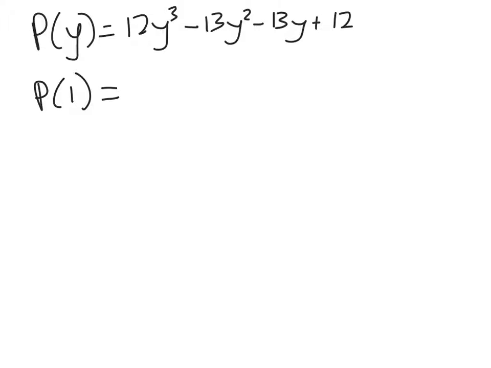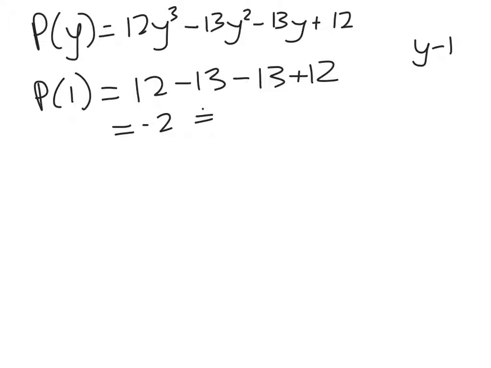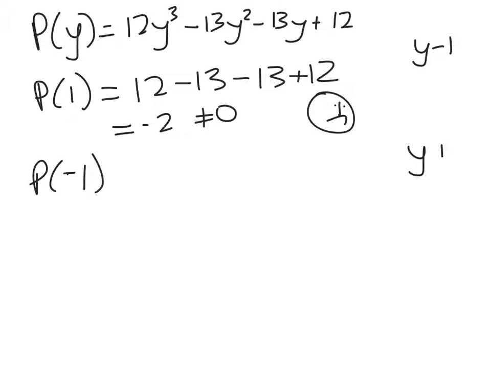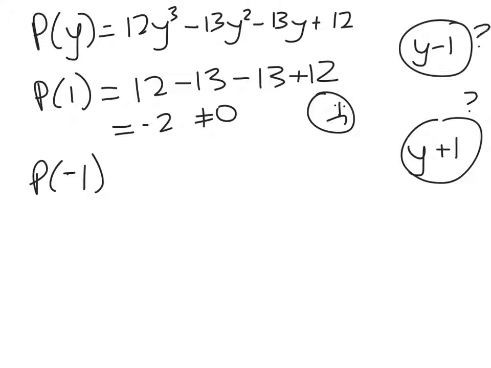So if we substitute in 1, which would mean y minus 1 was a factor, we'd have 12 minus 13 minus 13 plus 12, which is equal to negative 2, not equal to 0, so we have a sad face. But we're on the right track, so now we're going to try substituting in negative 1. In other words, we're seeing if y plus 1 is a factor. So y minus 1 is not a factor, but maybe y plus 1 will be.